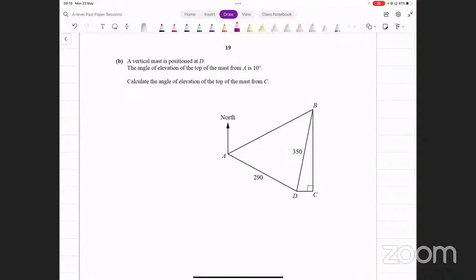So it's positioned at D, the vertical mast is positioned above D like this. Let's call this point M. The angle of elevation of the top of the mast from A is 10 degrees.